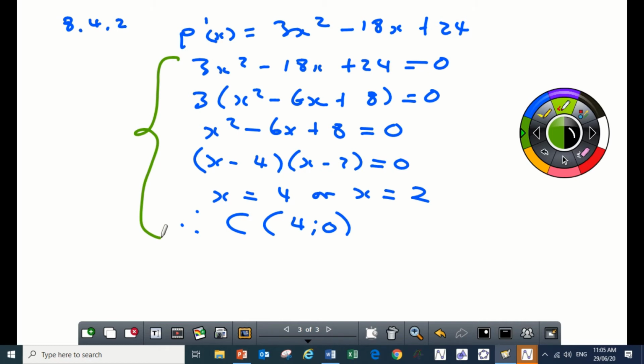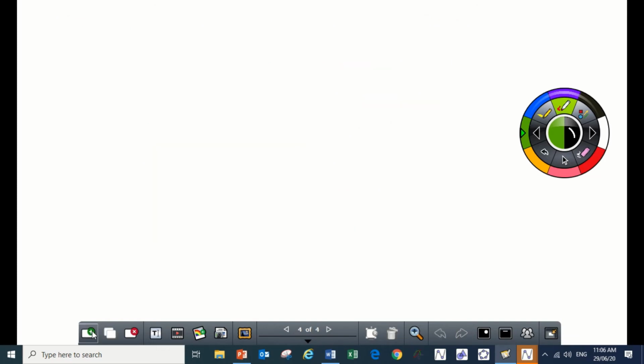So far, you now have about 3 or 4 ways to find the x value at the turning point. I'm just going to show you one way. Maybe I can call this one method 2 for that problem. The other one, you can call it method 1.